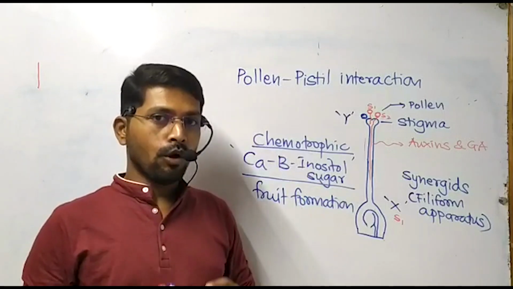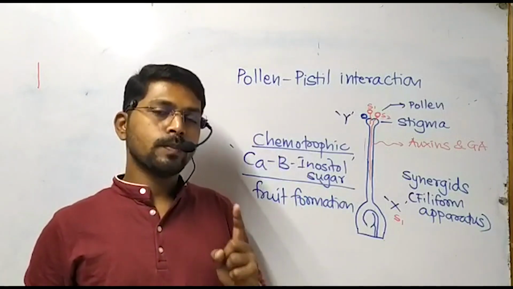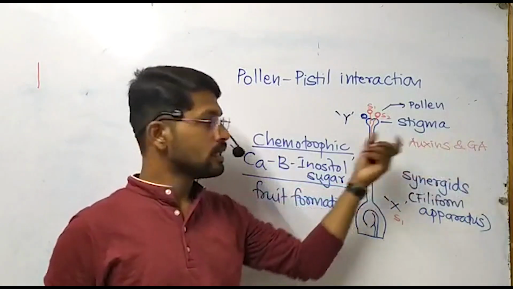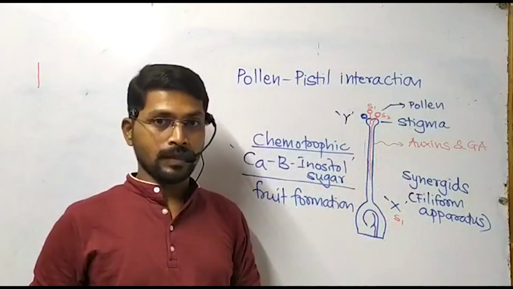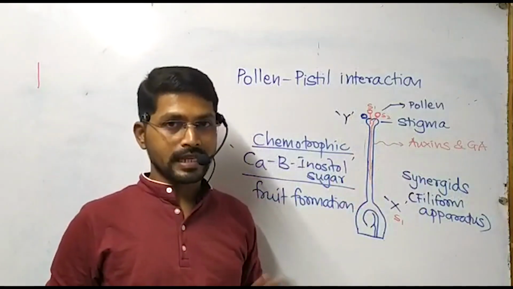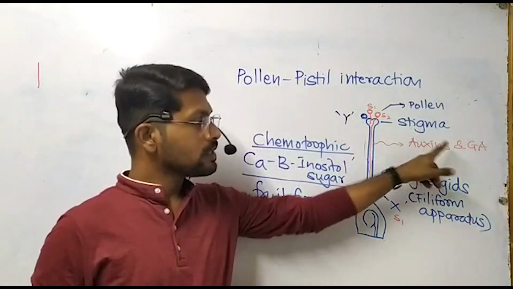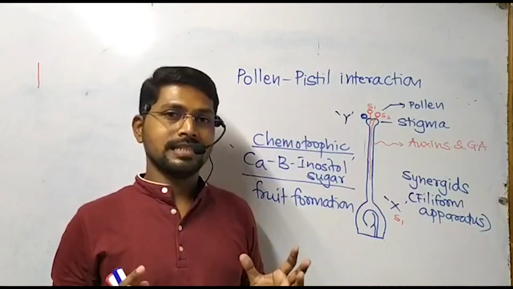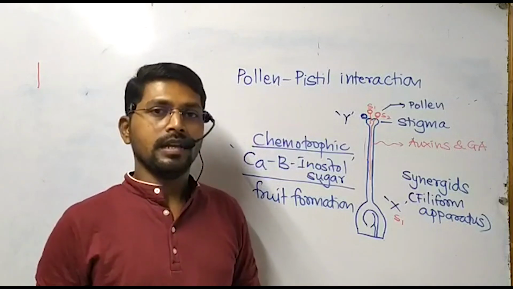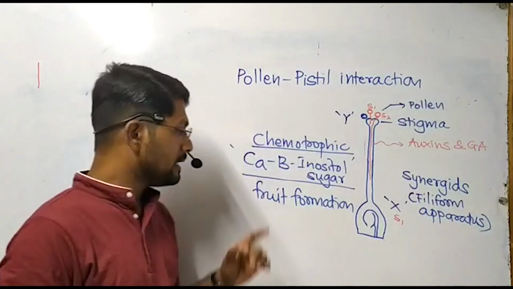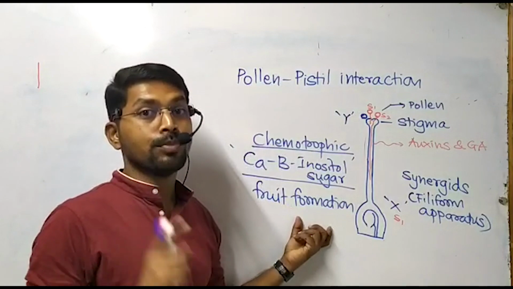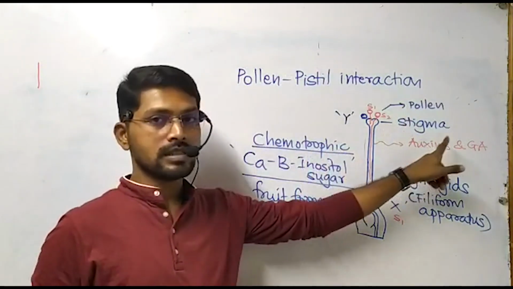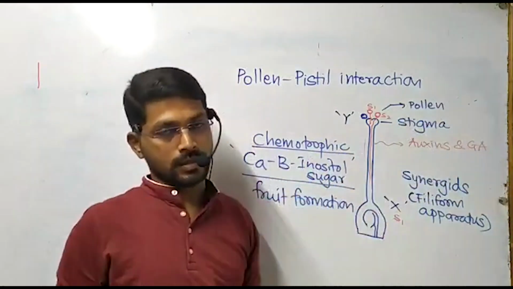And that signal of fruit formation or enlargement of the ovary is mainly given by auxins and gibberellins secreted by the pollen tube. These are the growth promoting substances, as we have discussed earlier, responsible for cell division in the ovary and thereby increase the size of the ovary and convert it into the fruit. And therefore, the signal for fruit formation is pollination, because the pollen tube is responsible for secretion of auxins and gibberellins.